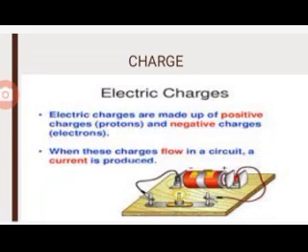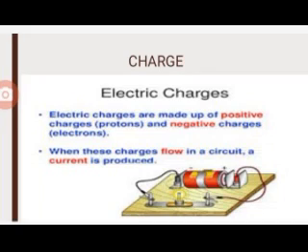Next topic is charge. First, what do we mean by a charge? Charges are made up of positive and negative charges. Positive charges are called protons, negative charges are called electrons. In an electric circuit, in the fifth standard itself, you did a bulb glowing by using a battery.